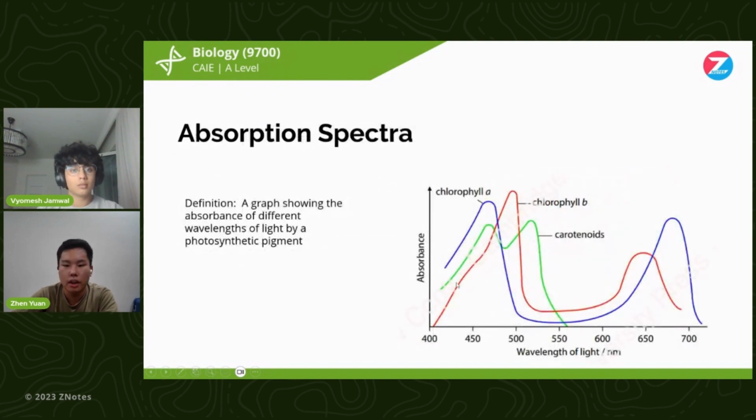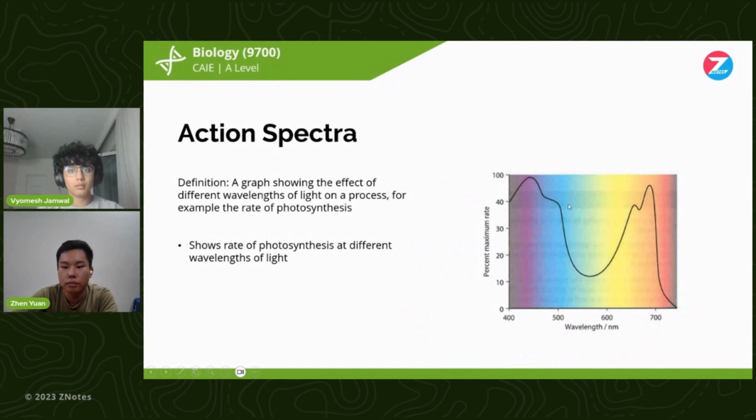You can see it correlates with the absorption spectra. The more the absorbance, the more the rate of photosynthesis. You can see here the peaks are at the same exact position.